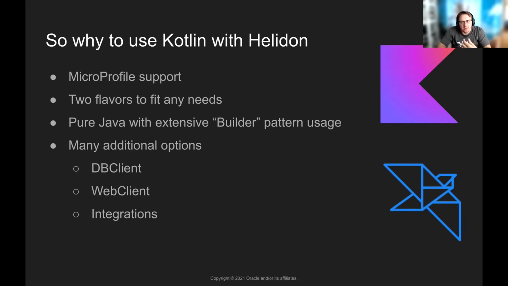And you just run it and it's fast, the memory footprint is very small and everything is really small. And that's why it has really cool microservices support. Another way of doing it is the MicroProfile way. That means you get all the goodies from MicroProfile and it's still available to you using Kotlin.